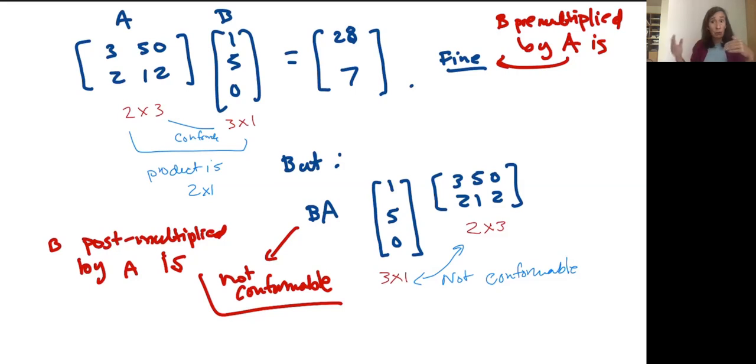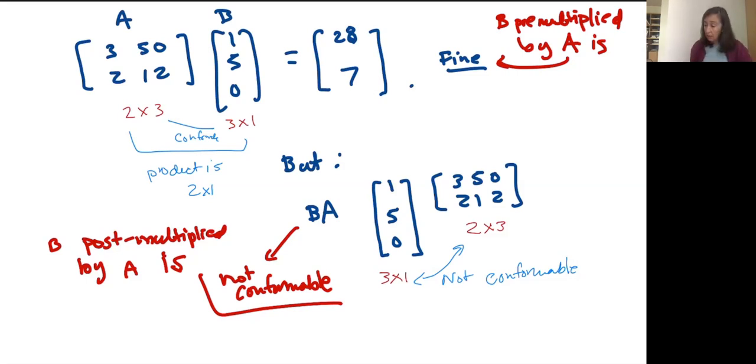We're so used, when multiplying real numbers together, to thinking that 3 times 4 is the same as 4 times 3. We do that so automatically, and we have to unlearn that a little bit with matrices and stop ourselves from thinking that A times B is the same thing as B times A. Sometimes one can be defined and the other one not. Even if both exist, they're not necessarily equal.